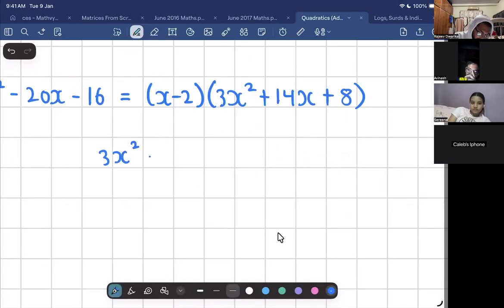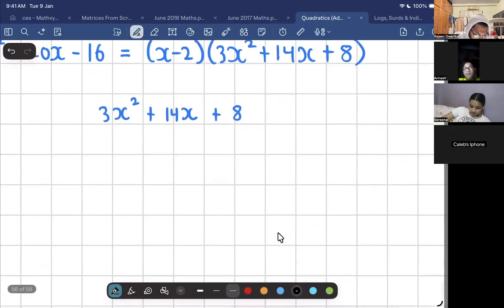So let's factorize this thing using the AC method because the coefficient of x squared is not 1. So Avinash, back to you. Do you know how the AC method works? AC most likely means you multiply the A term by the C term, right?